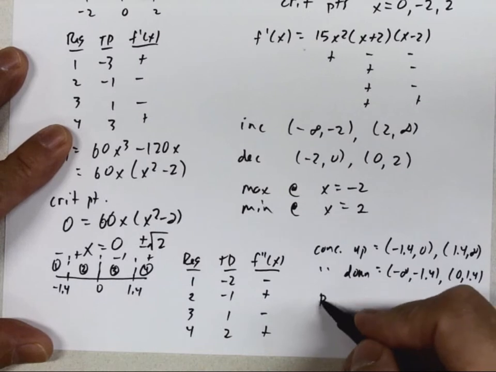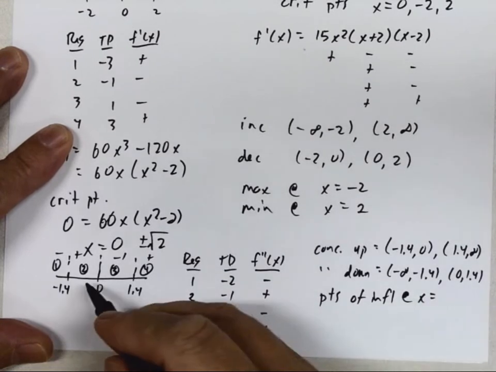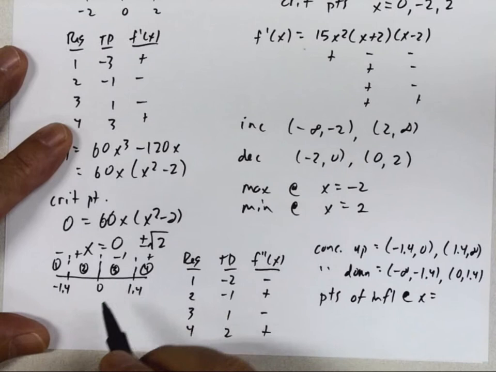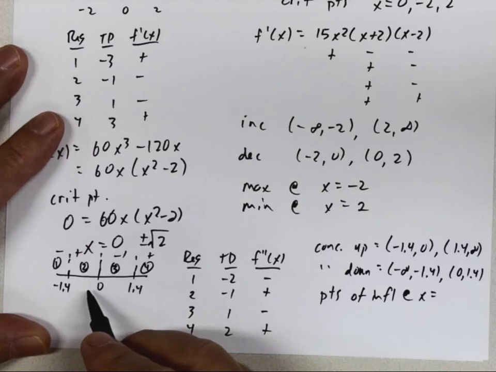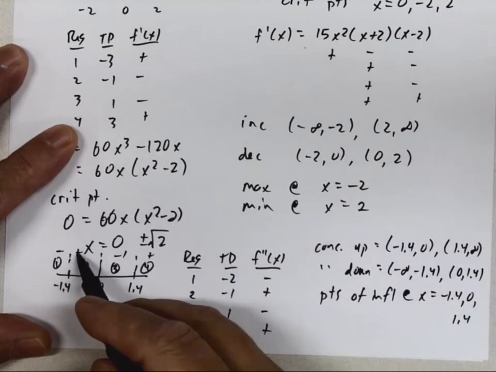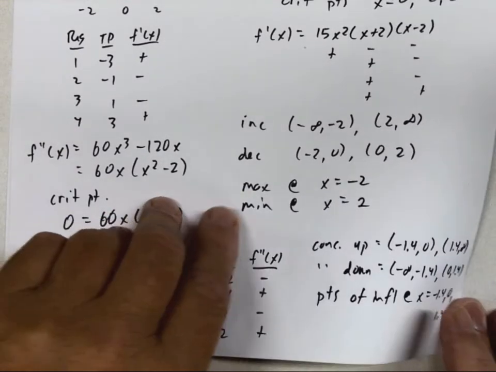Looks like I have 2 points of inflection when x is... see, because of zero, actually 3 points of inflection. Negative 1.4, 0, and 1.4. Negative to positive, positive to negative, negative to positive. 3 points of inflection. All right.